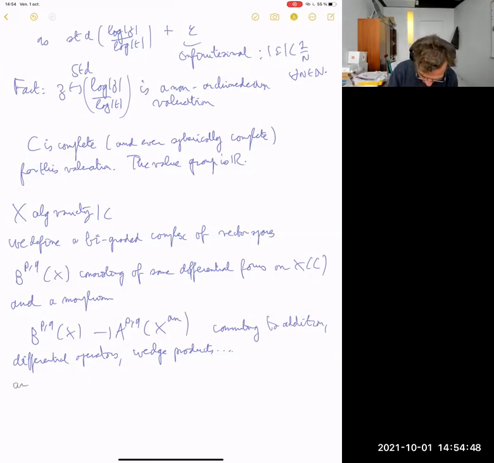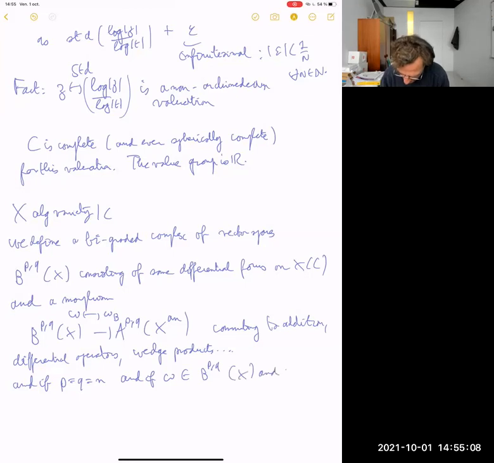And if P equals Q equals N, and if omega belongs to B^{P,Q} of X, so let me call it omega maps to omega Berkovich, and is, say, compactly supported, then omega Berkovich is compactly supported.